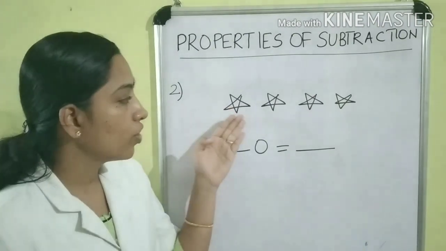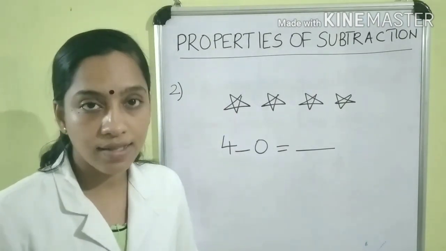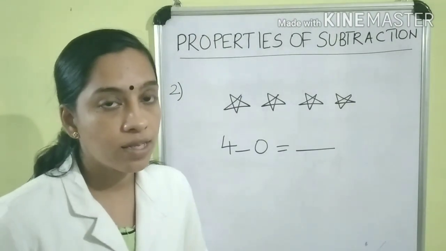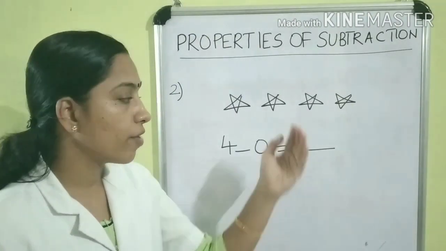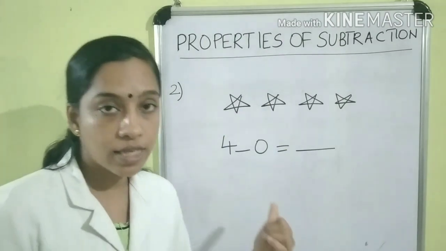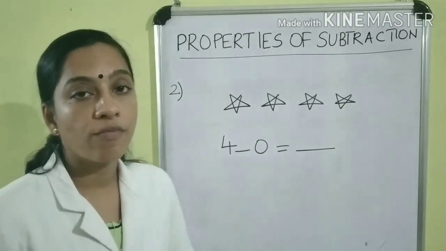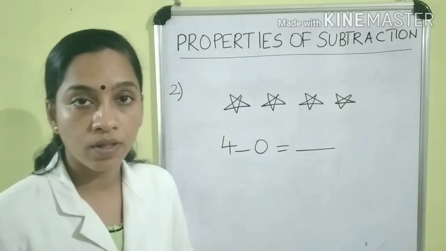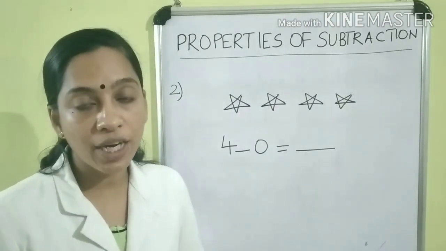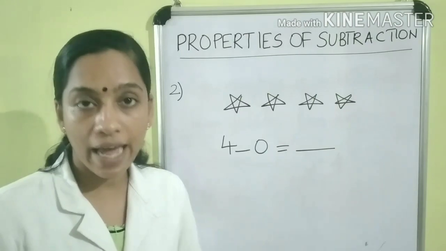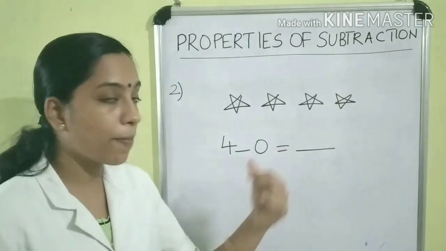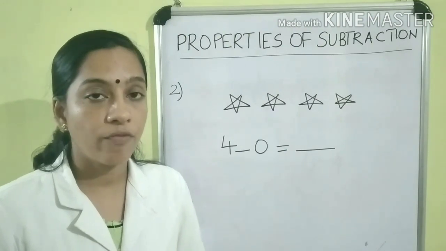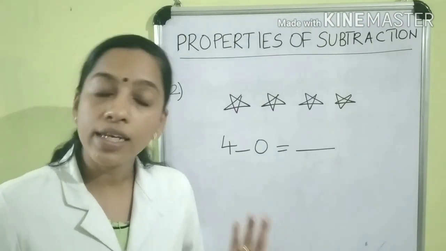Children, you can see 4 stars here. Our question is 4 minus 0. That is, we are going to subtract 0 from 4. What will happen? We know subtraction means to take away. Here we have to subtract the number 0. That means we know 0 means nothing.